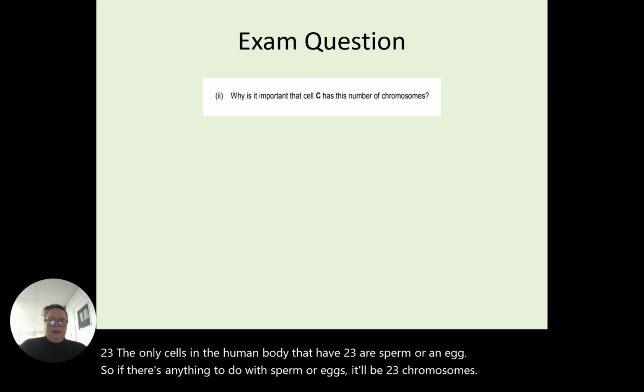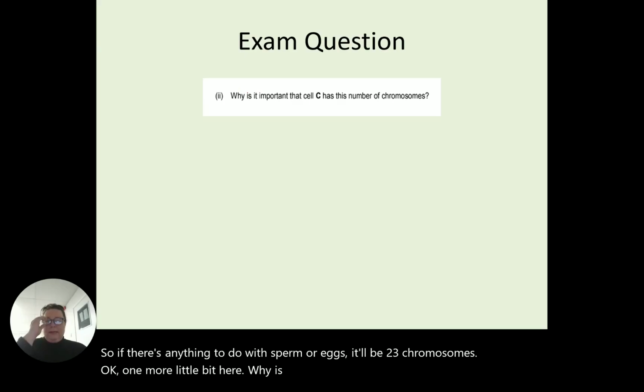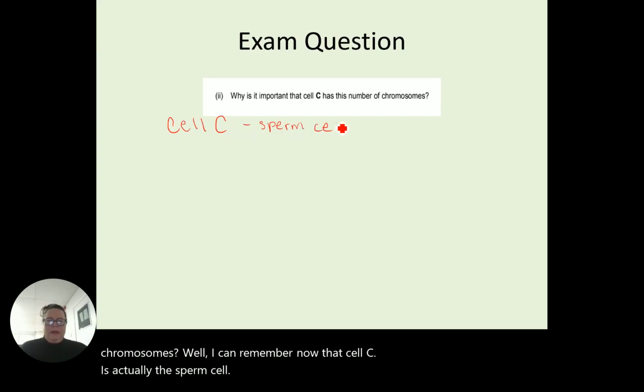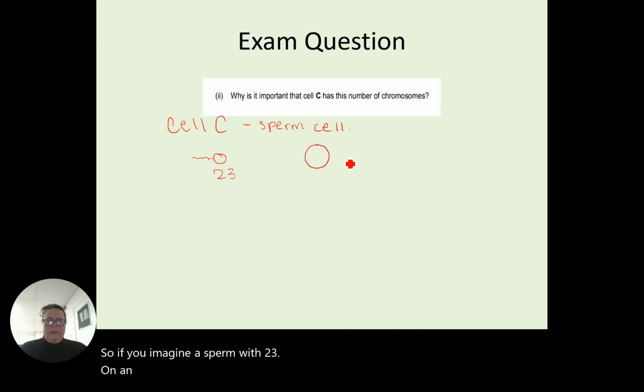Okay, one more little bit here. Why is it important that cell C has that number of chromosomes? Well, I can remember now that cell C is actually the sperm cell. Now, why is it important? So, if you imagine a sperm with 23 and an egg with 23, and they're going to join together in that fertilization.